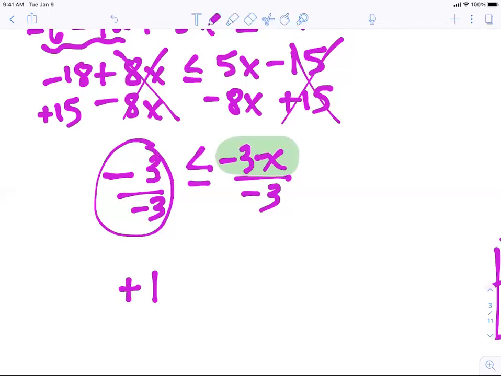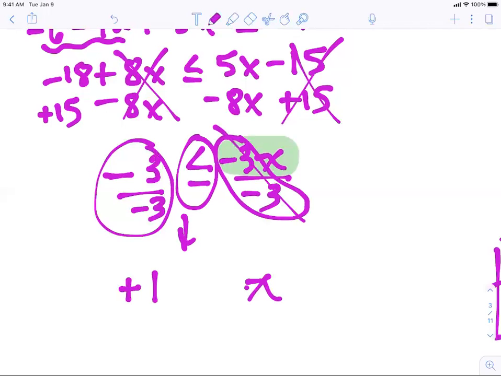On the right side, it was a negative 3x, but when you divide by negative 3, that turns out to be just a 1x, or an x, but it's positive. Since the signs on both sides switch, which only happens when you multiply or divide by a negative, this sign in the middle also has to flip.